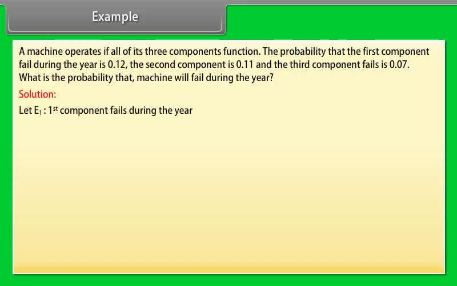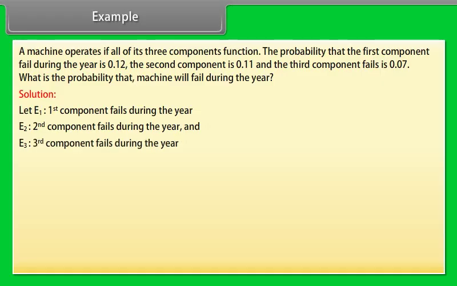Let E1, first component fails during the year, E2, second component fails during the year, and E3, third component fails during the year. P(E1) is equal to 0.12, P(E2) is equal to 0.11, and P(E3) is equal to 0.07.